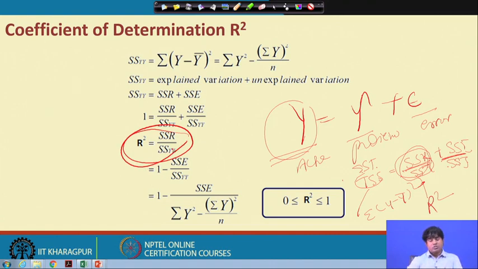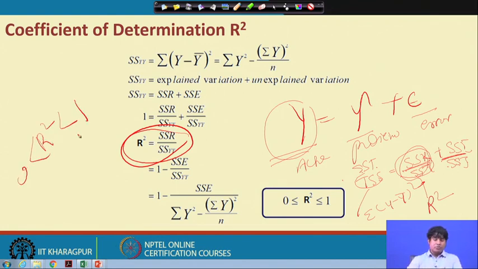So capital R square is the ratio between the sum of squares regression divided by the sum of squares total. This will give you the signal of the fitness of the particular model. Usually the R square range is 0 to 1.